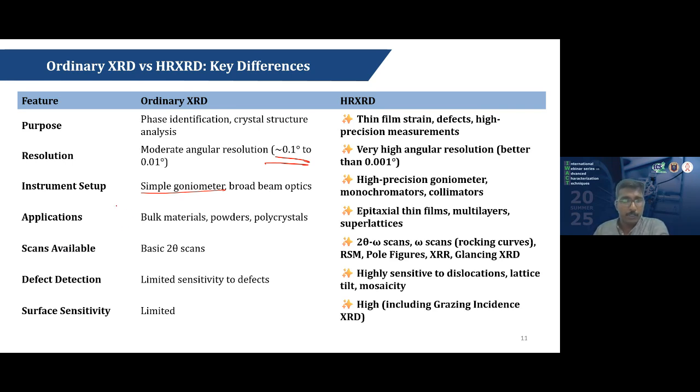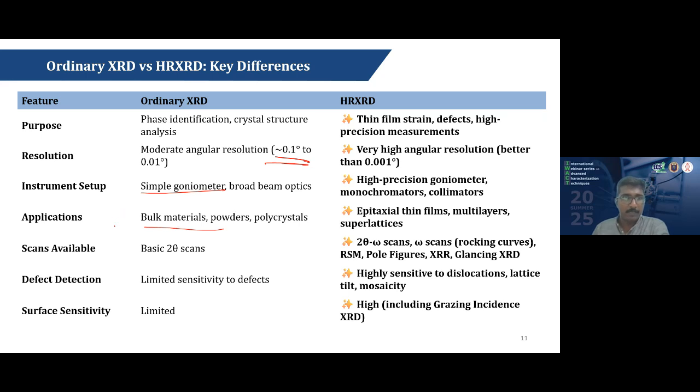Ordinary XRD can be used to study bulk materials, powders, polycrystals, whereas with HRXRD, in addition to bulk materials, we can do epitaxial thin films, multi-layered structures, and superlattices.